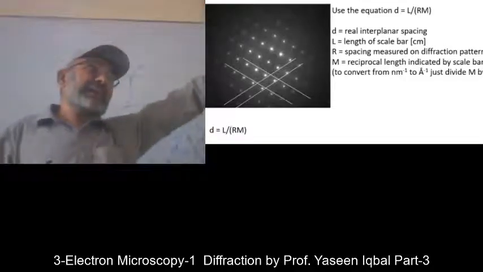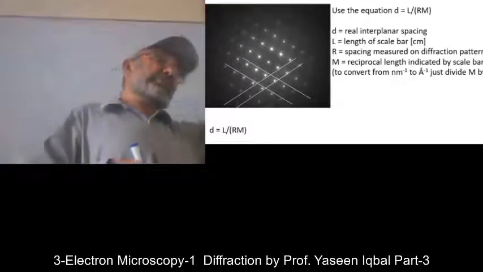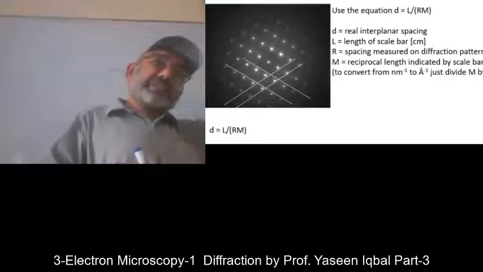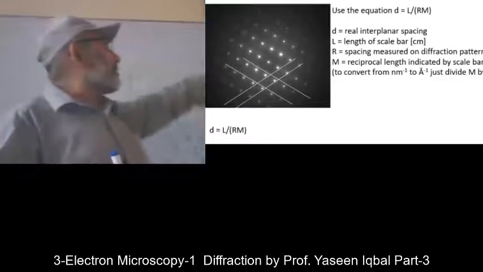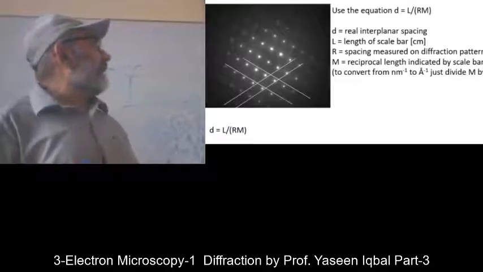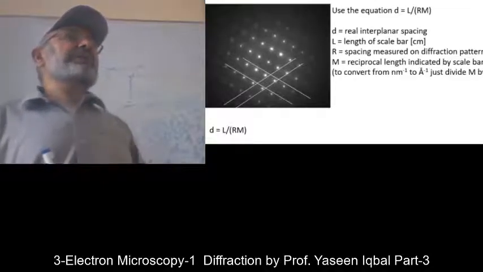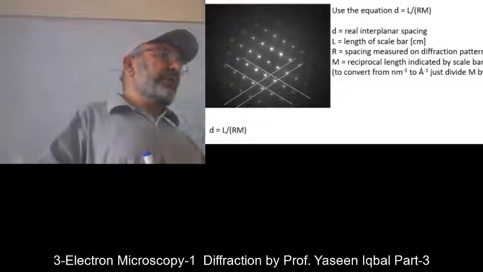If it was real space, then you will have to multiply it by 10. But if it is the reciprocal, then you divide it by 10. So once you have got L, R and M, then you can measure D.